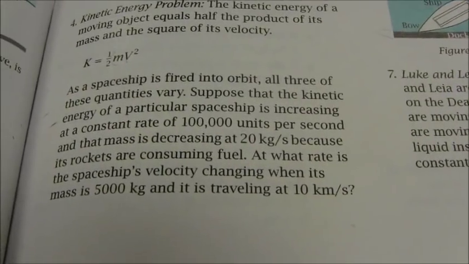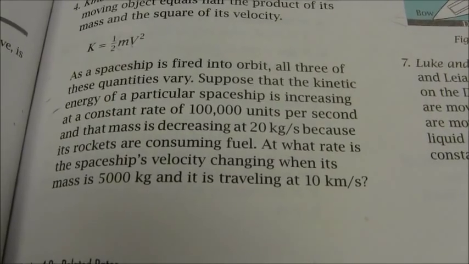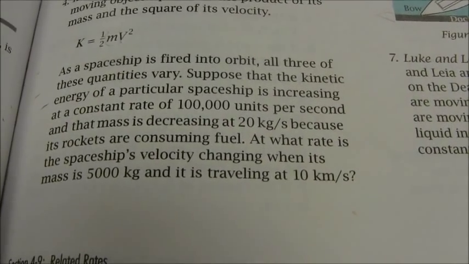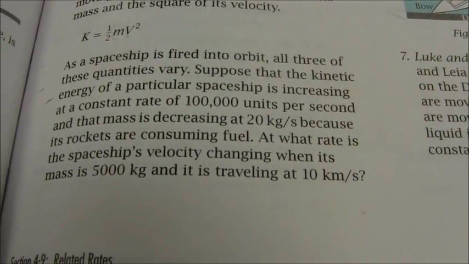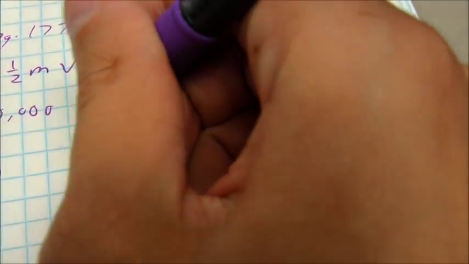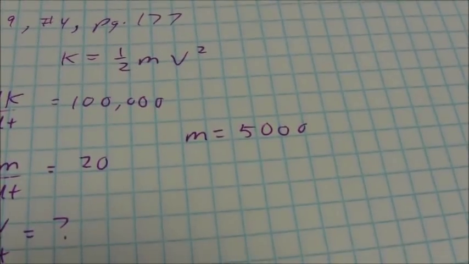Let's go back here. It says what rate is it changing when the mass is 5,000 kilograms and it's traveling at 10 kilometers per second. Again, the mass is changing, so that is going to be a mass value. M is 5,000 kilograms. However, I can't substitute that into the equation to replace a variable.